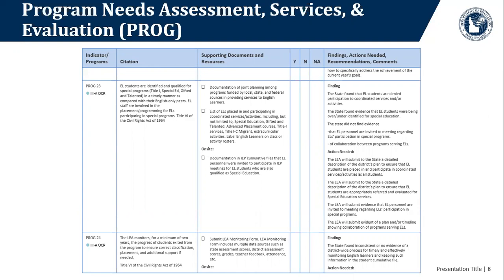The monitoring form should include multiple data sources such as state assessment, grades, teacher feedback, student feedback, parent feedback as well, attendance, anything that helps schools determine if the student is going to need additional support with their language acquisition, even after they have exited the program.